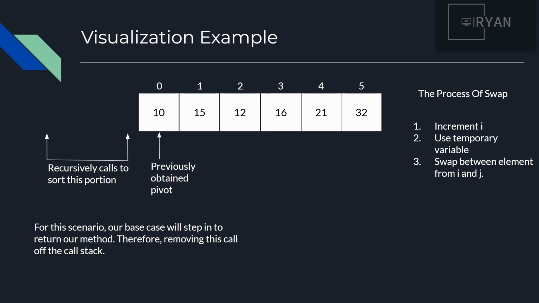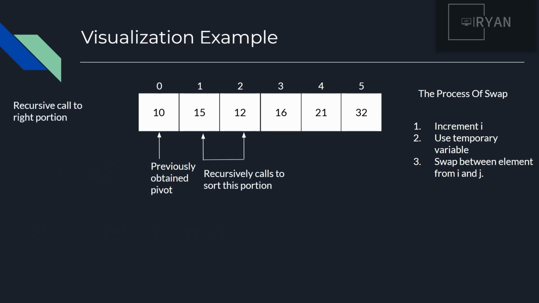We will recursively call the partition function to the left portion, but the call will be removed from the call stack because the condition saying that left must be less than right doesn't really check. So that call will be removed from the call stack. Therefore, we will perform the partition method upon the right portion of our pivot.